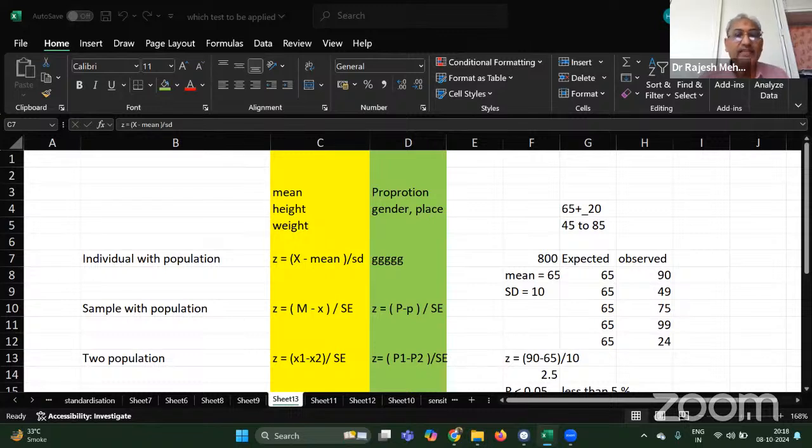Say Nikhar has written the BMI, but BMI alone is not an example. You say that there are 100 patients or 100 persons in a school and I'm measuring their BMI. I want to find out the outliers. How many students are above the average, beyond the upper 2.5 percentile or lower than the lower 2.5 percentile?